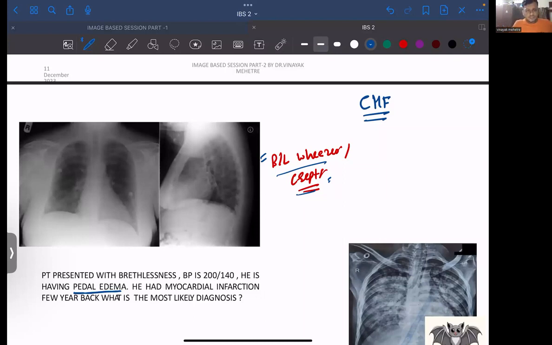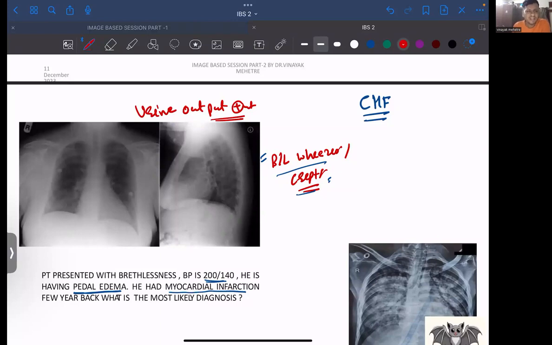So what will you give to this patient? BP is increased, there is a history of MI, and the patient has fluid overload in the lungs. Yes, they will write down urine output present. What you study and what you actually have to mark is different. Labetalol we will not give.